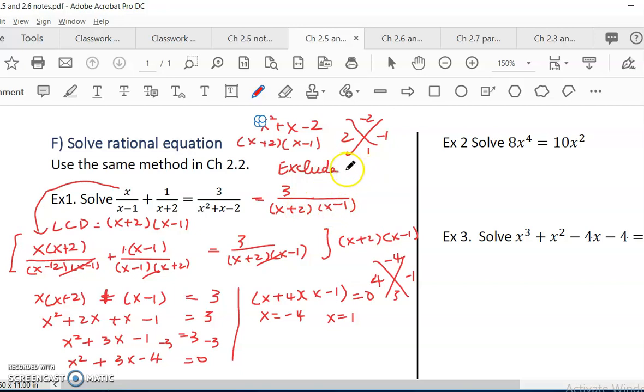You do not allow x equal to 1 because you divide by 0. And you also need to exclude negative 2. So the only solution is x equal to negative 4. So this is solving a rational equation by using some of the methods that you use to solve a quadratic equation.